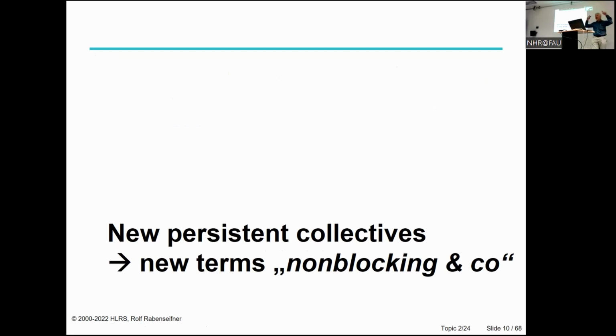And the idea behind persistent routines is when you have a time step loop, for example, and inside of the time step loop all the time the same communication pattern, then the MPI library can optimize your communication pattern. You initialize all the communication, and then in each time step you call start all, and the MPI library has a chance to optimize. And of course, collectives may also be additionally optimized on the given hardware network, and that's the idea behind it.